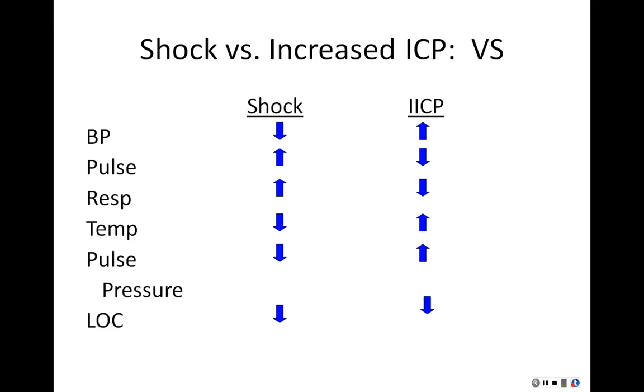The pulse and respiration, I guess because of where those centers are located in your brain, with the pressure getting up, are not responding correctly, so they go down. Temperature will go up initially, and then the pulse pressure widens, and our level of consciousness goes down.